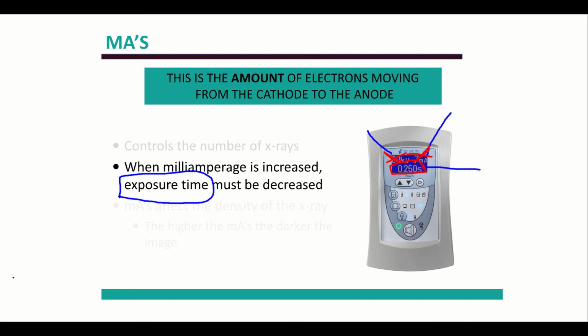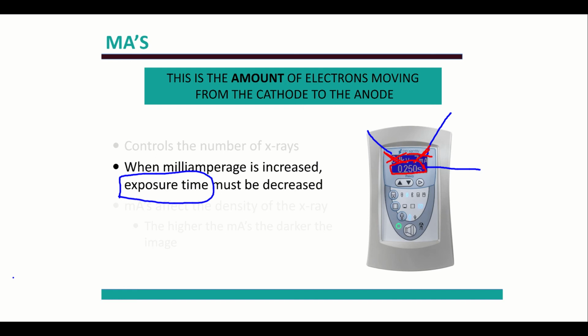So most units, most of the time, you won't be changing the MAs and the kVps. Those are set by the people that inspect your equipment every 5 years, which we talked about before. You just are going to change the exposure time.